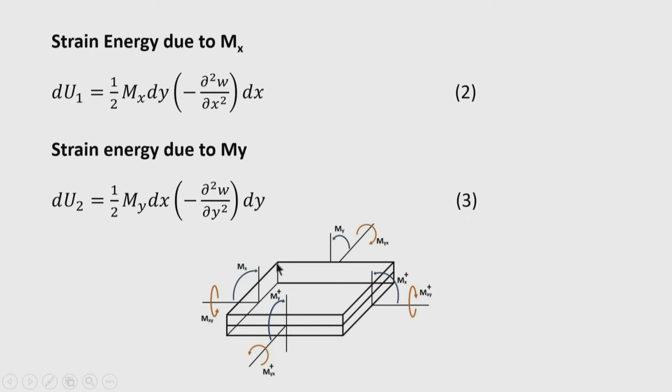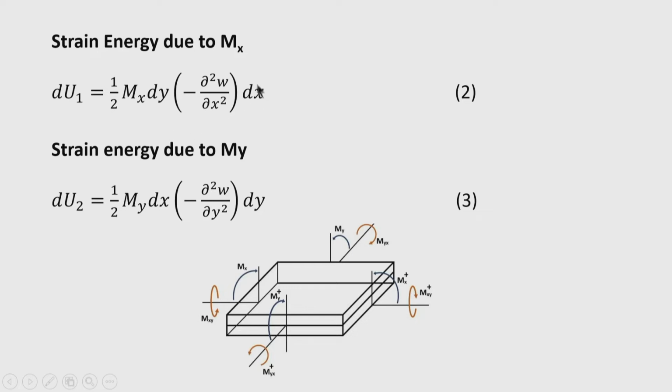Because Mx is acting along the edge whose length is dy, and Mx, My etcetera are considered to be quantities per unit length. Within this small element we assume that the moment is uniformly distributed. So Mx dy is the bending moment along this edge, and therefore half M, into the change of the slope.